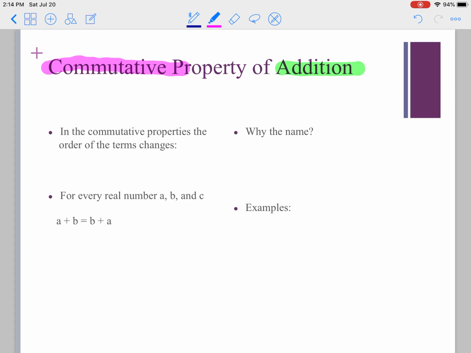And so for the commutative property, I like to use the analogy of commuting to work. For example, if I live in Danville and I drive my car, let's do a truck instead.